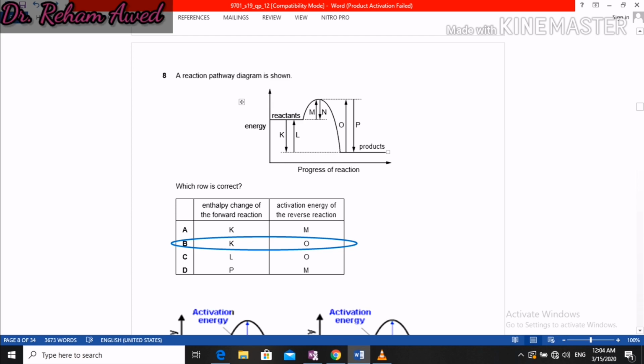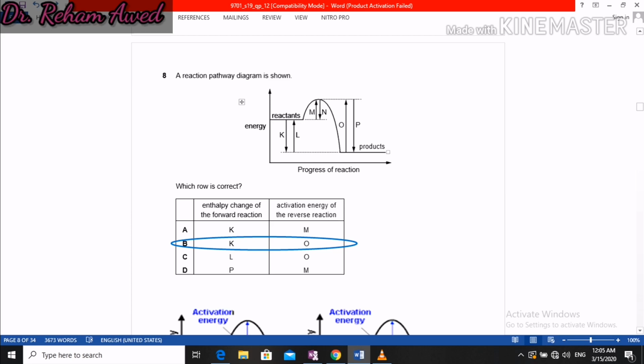Question 8. A reaction pathway diagram is shown. In the reaction, we have the relation between energy and progress of reaction. We have reactants and products. According to the diagram, the energy of reactants is higher than the energy of products. As the energy of reactants is higher than the energy of products, this reaction is exothermic.